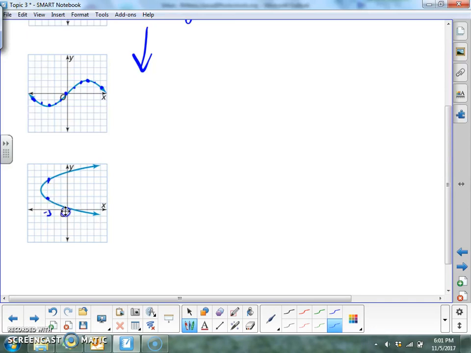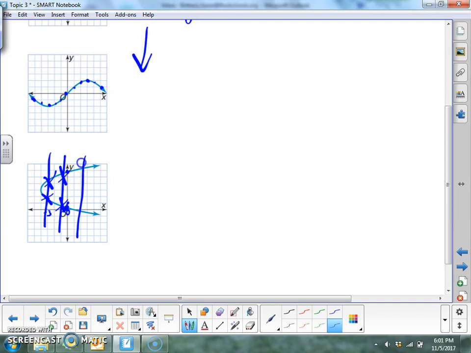If I look at 0, I have this point right here, but I also have this point here. So I have two different outputs for the same input, or two different y values for the same x value. If I were to do the vertical line test, you'll notice that it fails because it has more than one point on this relation.